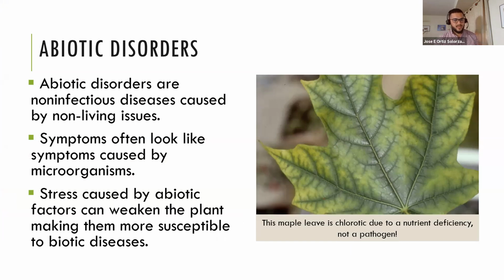So abiotic disorders are non-infectious diseases caused by non-living issues. And the symptoms often look like symptoms caused by microorganisms. But the stress caused by these abiotic factors can lead to the infection of biotic diseases. For example, an abiotic factor can weaken a plant, making it more susceptible for fungi or bacteria to attack the plant.